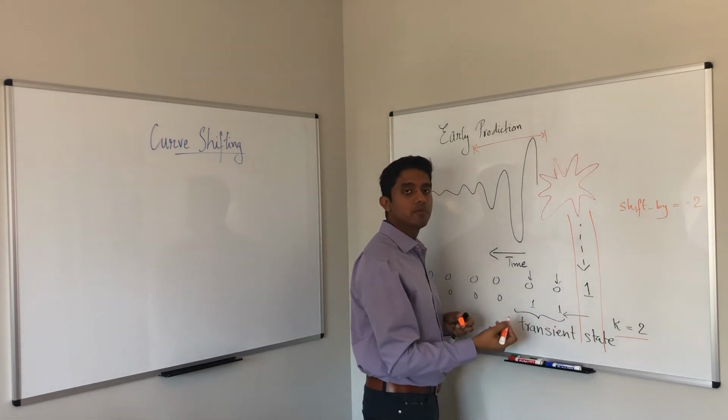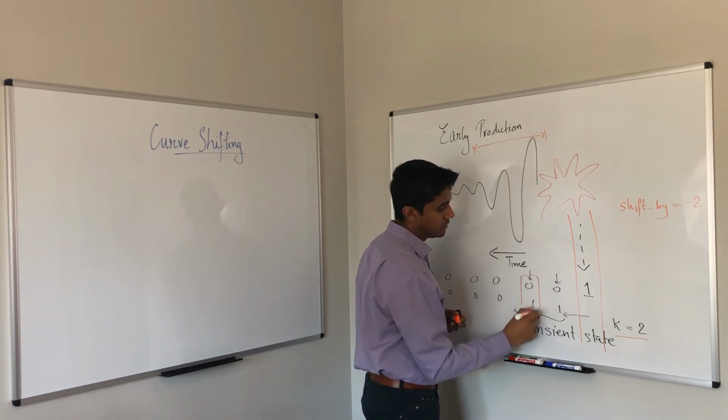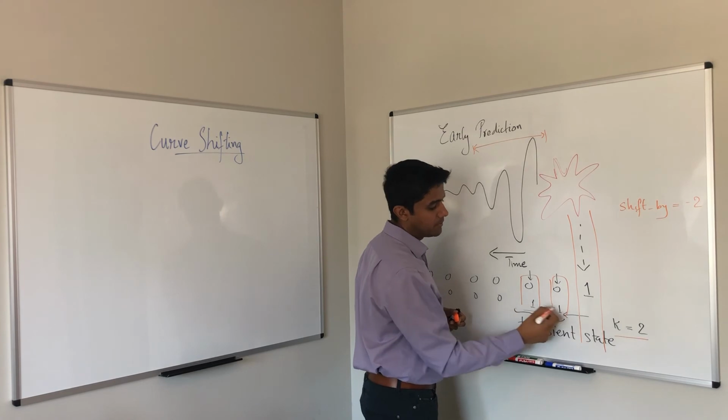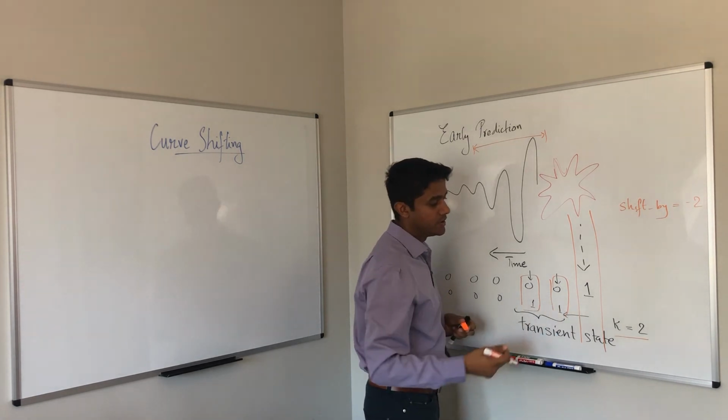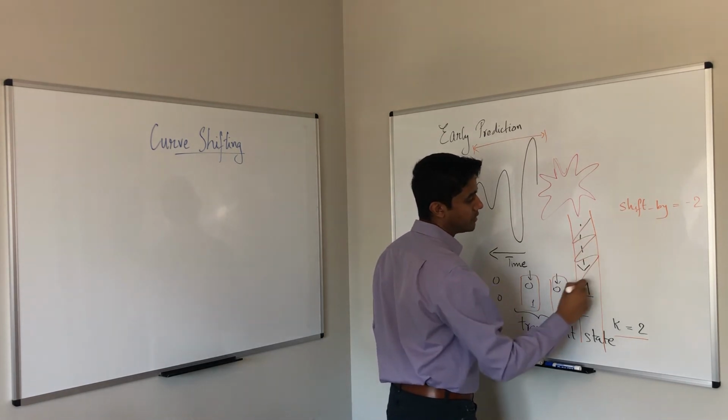Take the 2 samples prior to that, which are these. Label them as 1 from 0 to 1, which I already did. And then delete this one.